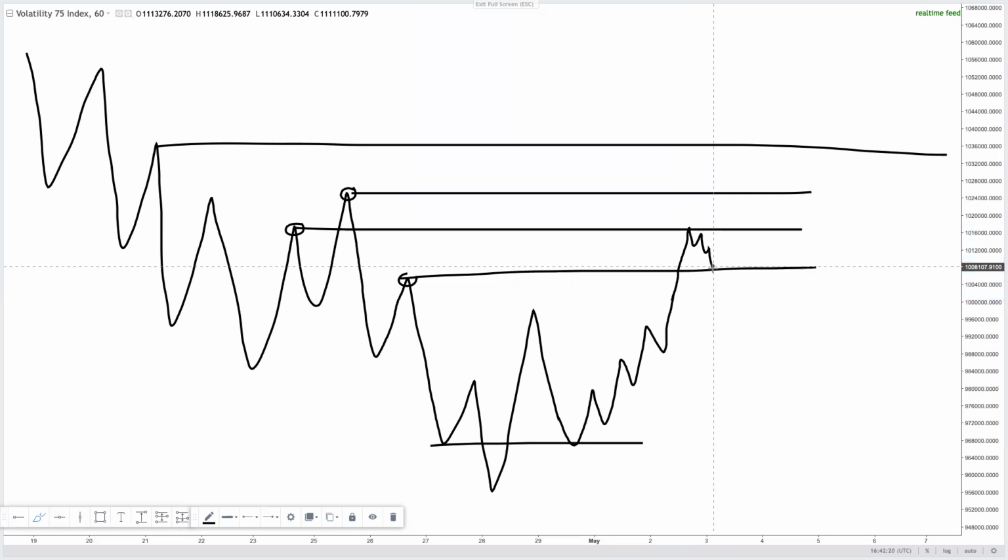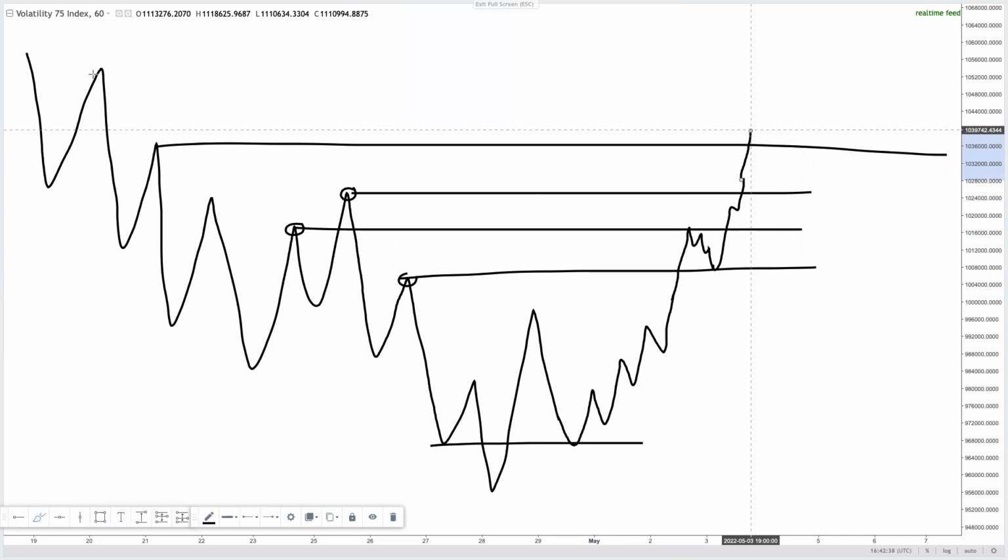But if price breaks this structure right here and comes to break this structure right here, I'll continue holding my position. And if price comes to break this structure right here again, I'll still hold my position.